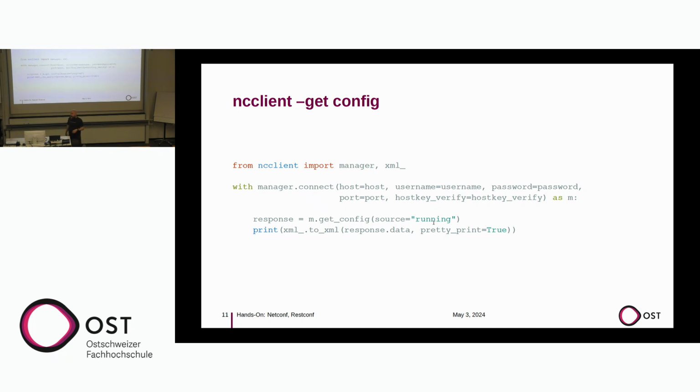If we want to visualize this, we also have a helper to get it into nice-looking XML, because otherwise it's just a huge blob of data. We can access the whole XML here and pretty print it. For example, with this you would get the whole running configuration from a Cisco device in XML.